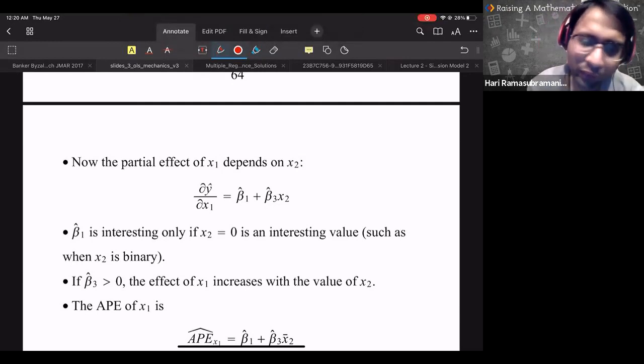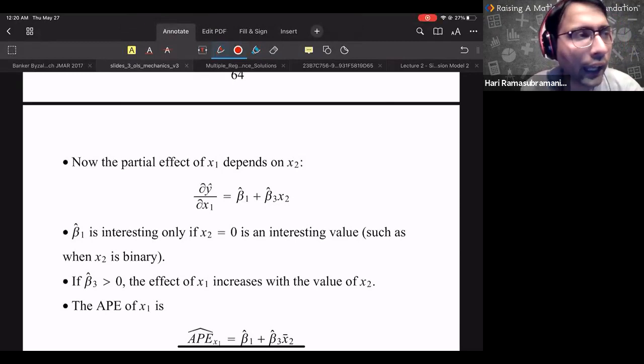Then you will be making claims such as, why can't you argue that X and U are uncorrelated? In my data, I find that X and U hat are uncorrelated, and therefore I'm going to conclude that X and U are uncorrelated. But those are two different things altogether. When you say X and U hat are uncorrelated, it's an algebraic property.